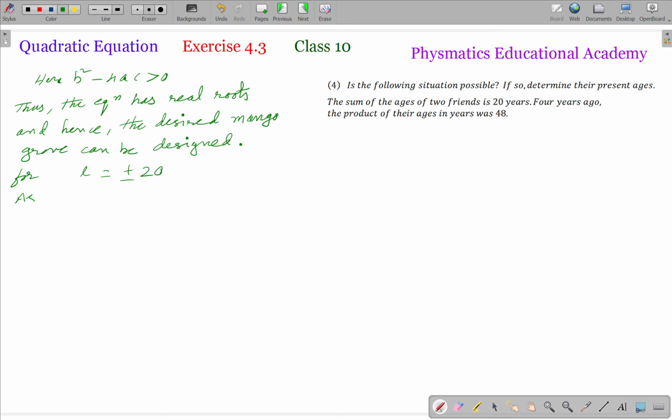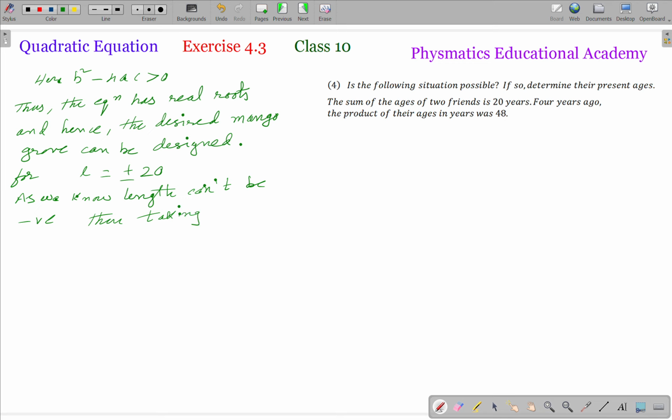So we know that length cannot be negative.